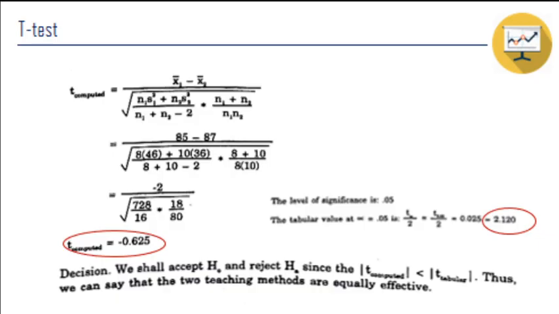So dapat hindi nyo makalimutan na kapag ang Z-computed or T-computed ninyo is greater than the Z-tabular or T-tabular, you reject the null hypothesis. Pero kapag ang Z-computed or T-computed ninyo is less than the T-tabular or Z-tabular, you accept the null hypothesis and reject the alternative hypothesis. So, yun, dapat wag niyong makalimutan yun.